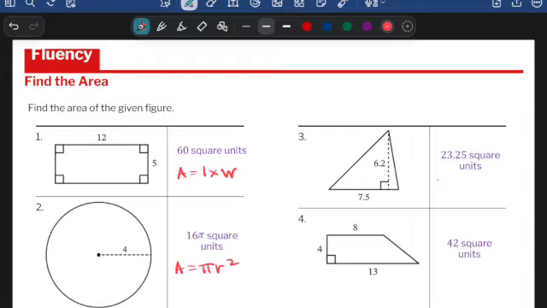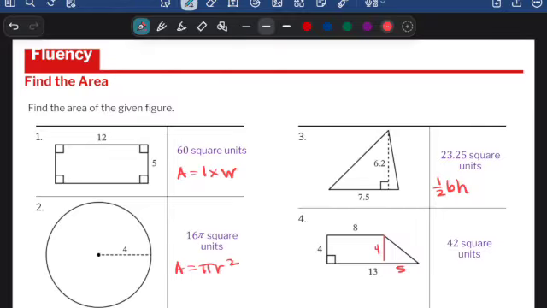Area of a triangle, remember, is 1/2 the base times the height. So we would do 1/2 times 7.5 times 6.2 to get an area of 23.25. And area of a trapezoid, there are multiple ways you can do this. You can divide it into a square and a triangle. Then we can figure out the base of the triangle, and the height would still be 4, and we could combine the two areas.